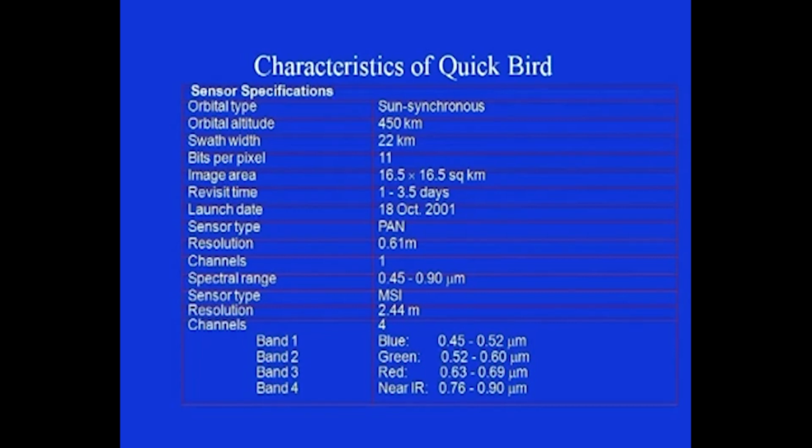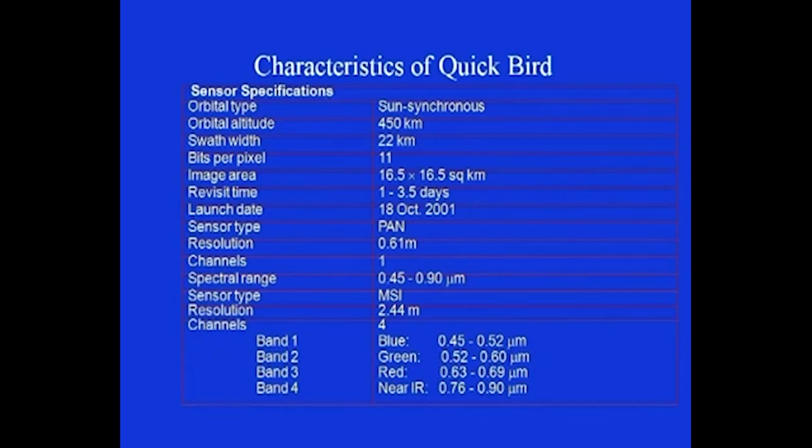Data resolution in terms of radiometric is 11 bits, and the image area for which the data product is available is 16.5 kilometers by 16.5 kilometers, having a revisit capability varying between 1 to 3.5 days. It has 4 bands in the multispectral, very similar to what has been adopted for Landsat TM data sets.